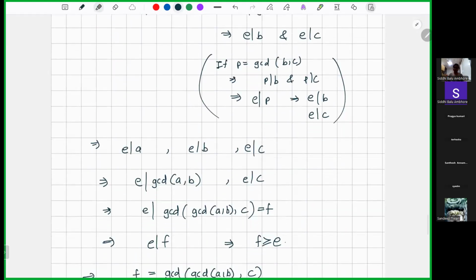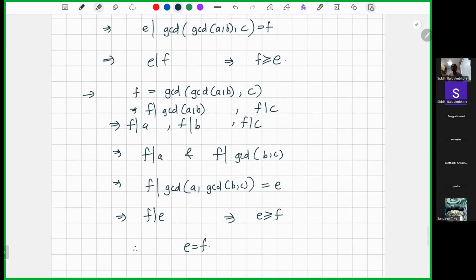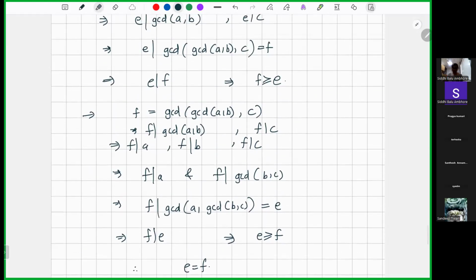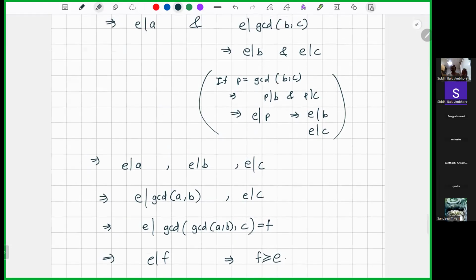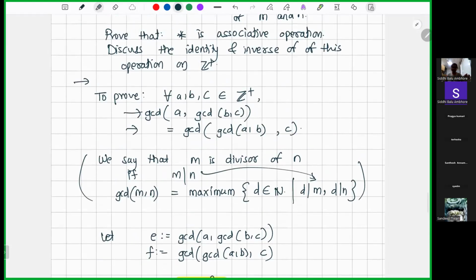Any doubts here? No doubts. Good. Cool. So since there are no doubts, the associativity property is clear, I hope.